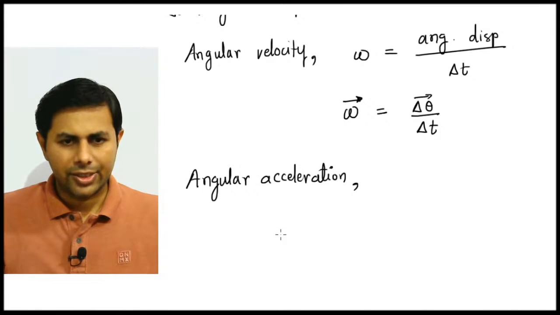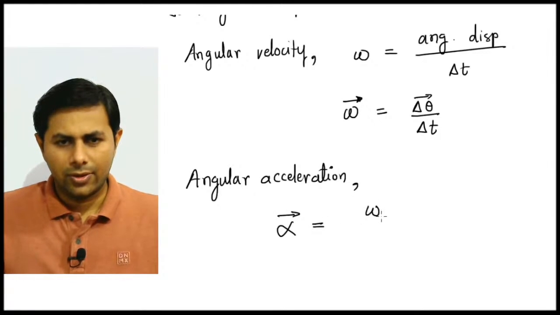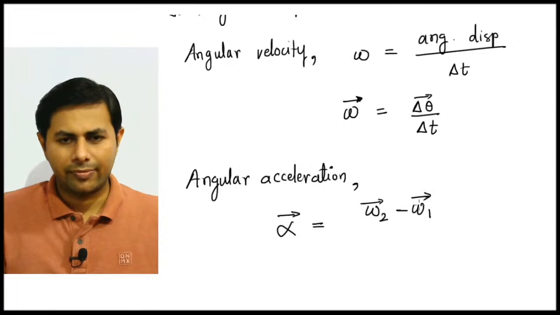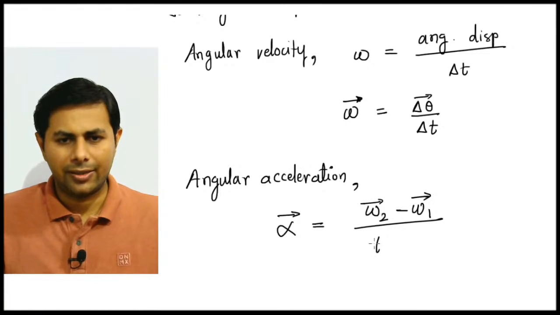Angular acceleration is denoted by alpha bar equals omega 2 bar minus omega 1 bar divided by t2 minus t1.